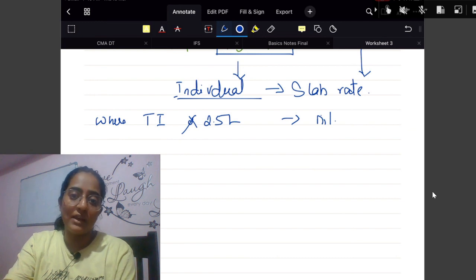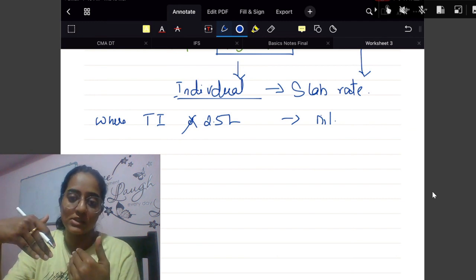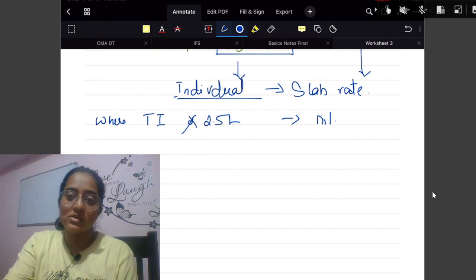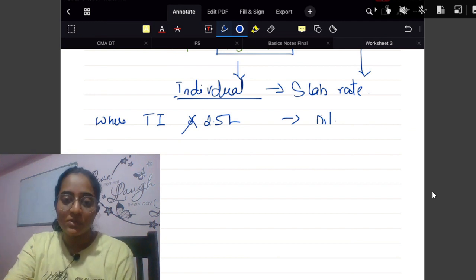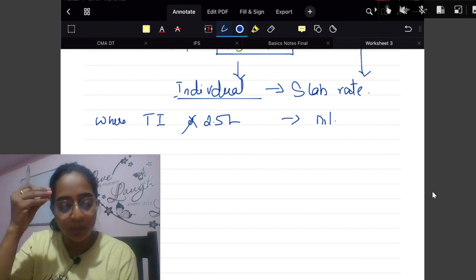If I start asking you for tax on the 2.5 lakh, it is not going to help the government, even though the government can get the tax. But think logically.